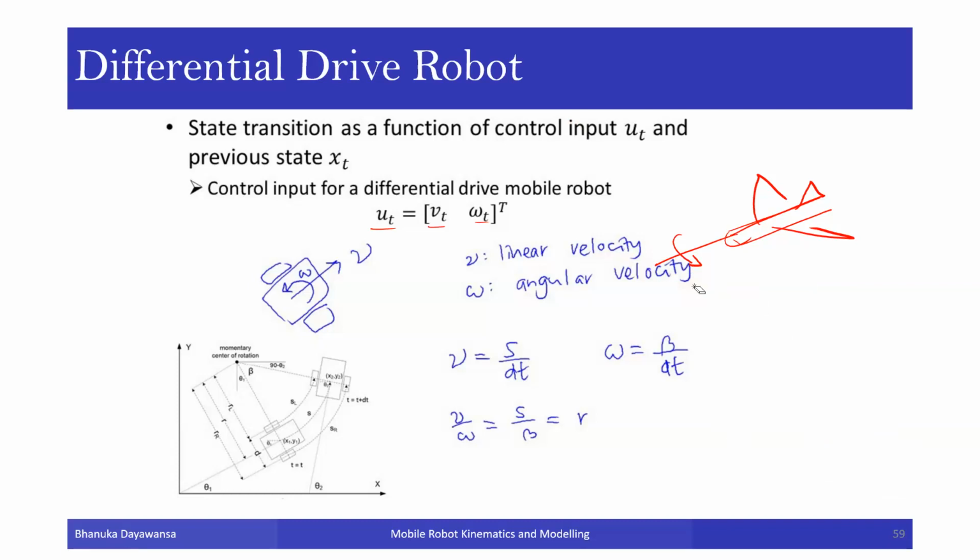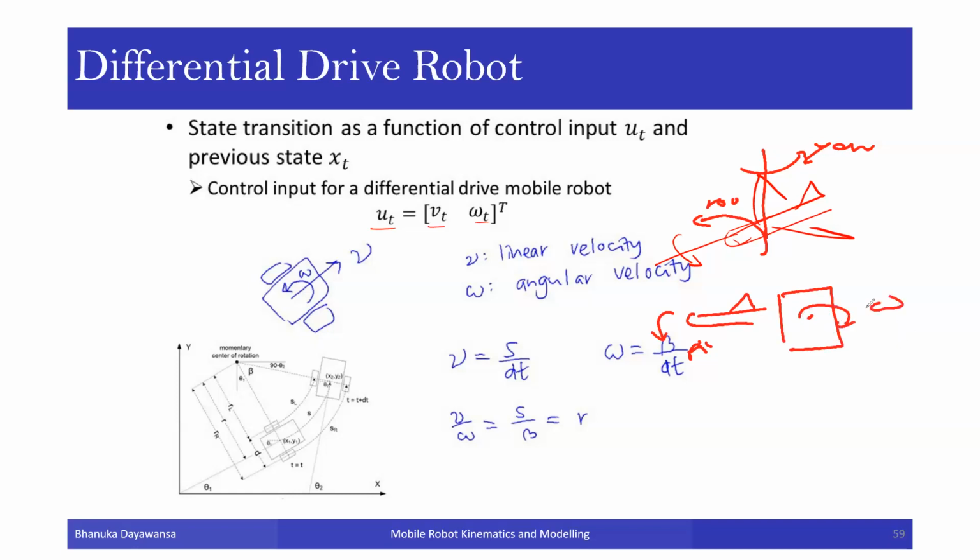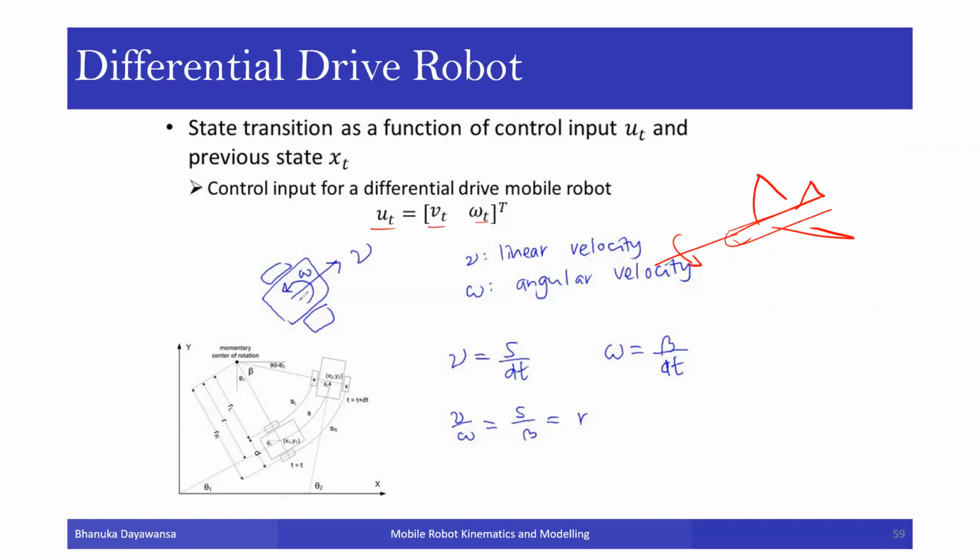From this side view, if it's rotating around this axis, it's roll. And if it's rotating on this side, it is yaw. In a planar location, the robot is moving around this axis, actually a yaw type motion. That's three degrees of freedom for rotation of an object, but a 2D planar object can only have this type of rotation.